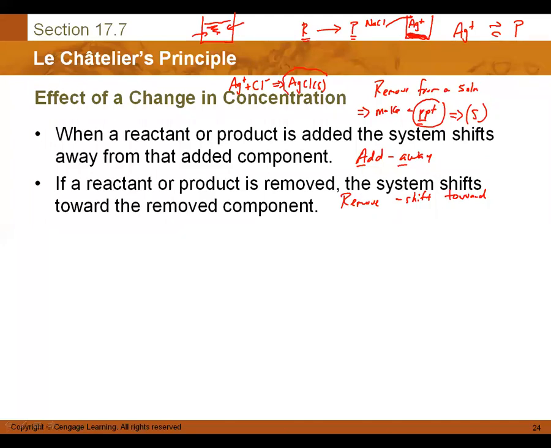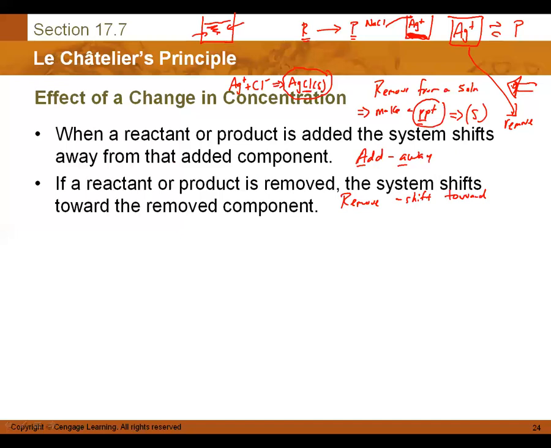But in terms of Le Chatelier's principle, what we're doing is essentially taking our silver ions, which are on the left-hand side of the equation, and we're basically removing them. Because now those silver ions are tied up in the silver chloride, which is a solid. They no longer will actively be able to participate in the equilibrium because they're in a solid. And what that's going to cause is this equilibrium to shift towards the silver, to the left-hand side, as a result of that.